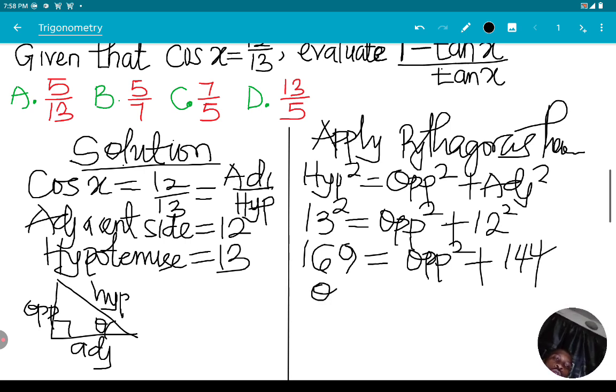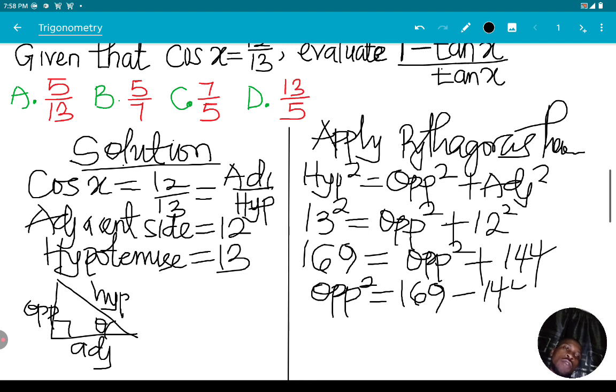So making the opposite squared the subject of the formula, we have 169 minus 144, which gives us 25.